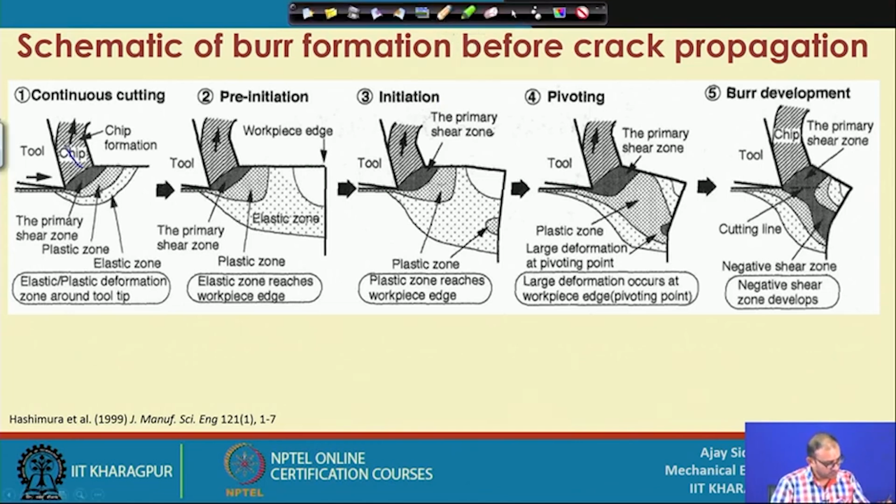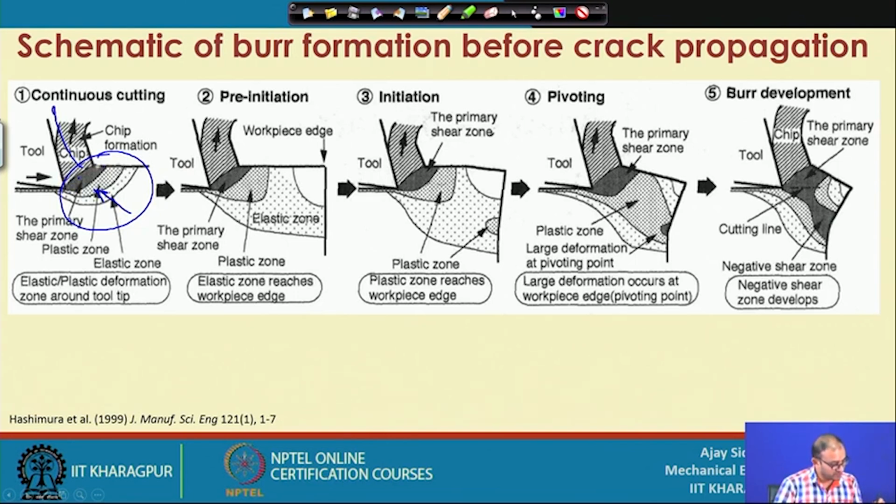Right. So, this is the chip formation, no problem in that, and this is the primary shear zone, this is the plastic zone, and this is the elastic zone. When your tool tries to penetrate into the workpiece material, you will get a small deformation ahead of the tool movement. The deformation is actually inside the material, which facilitates the material removal.